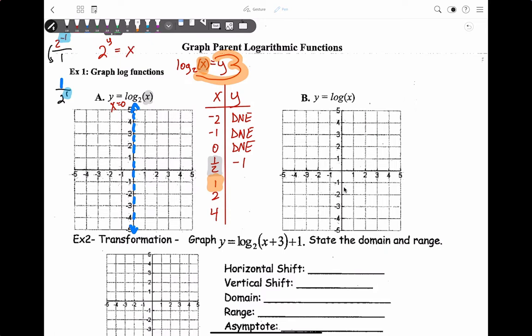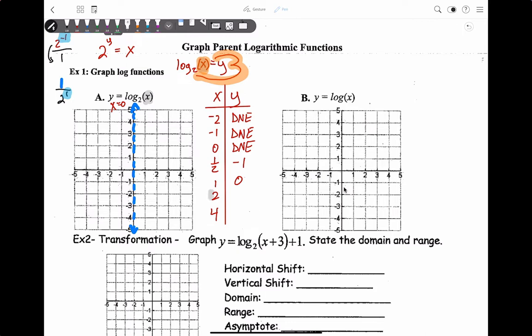And now if I put this 1 here for x, then 2 to the power of something is equal to 1. Well, it'd have to be 0. So this would have to be 0 in order to make that 1 work. Again, the reason this is a little bit different is because I'm using the exponential function to verify what these values are from the table. So let me go ahead and show it with highlight as I go, because this can get a little bit confusing.